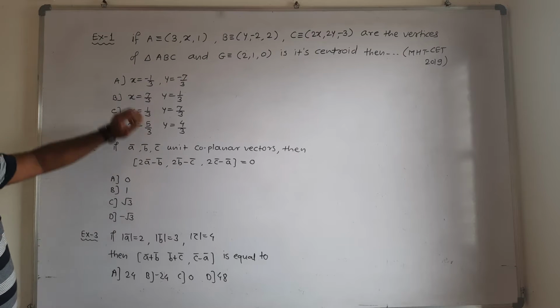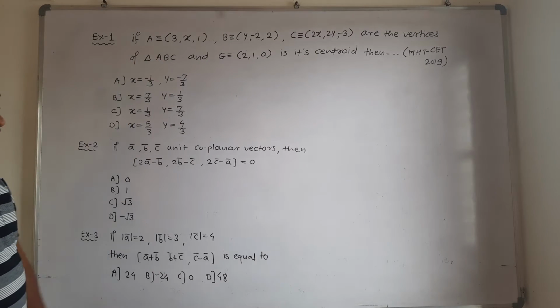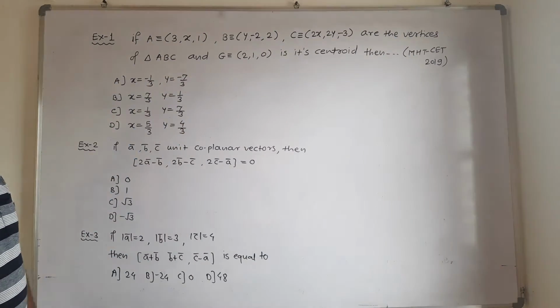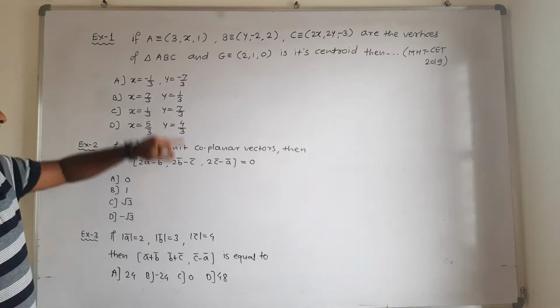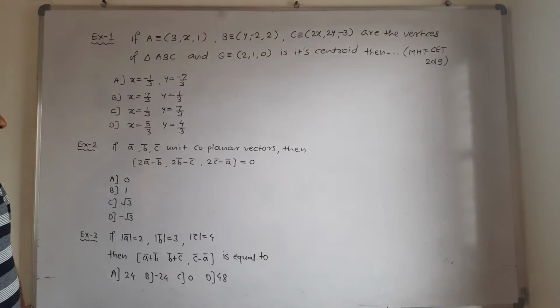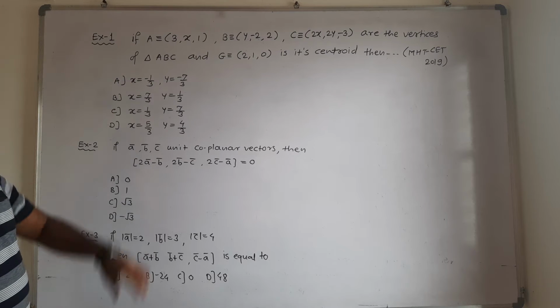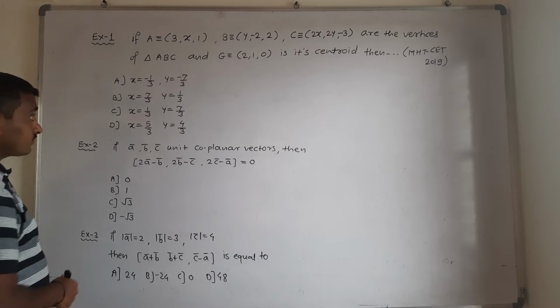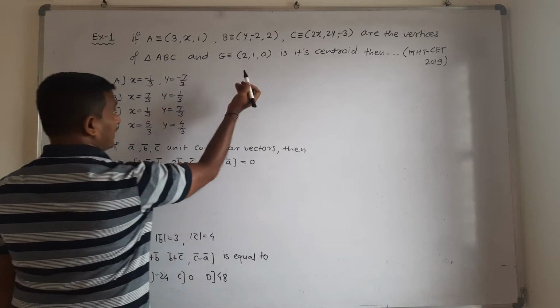Now the first objective: if A is (3, x, 1), B is (y, -2), C is (2x, 2y, -3) are the vertices of triangle ABC, and G is the centroid (2, 0), then x and y are what? I write this by the centroid formula.